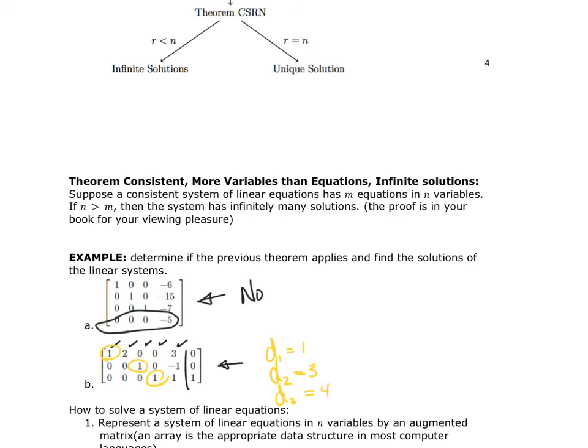My free variables happen in column 2, so F sub 1 happens in column 2. And my second free variable happens in column 5. So that tells me my free variables are x sub 2 and x sub 5, and my dependent variables are x sub 1, x sub 3, and x sub 4.